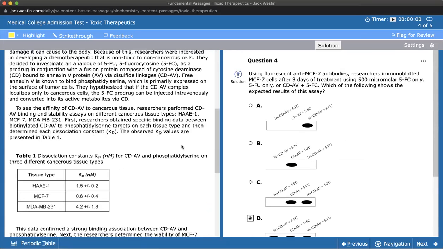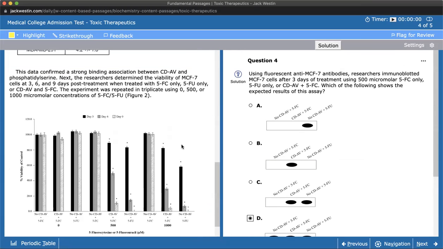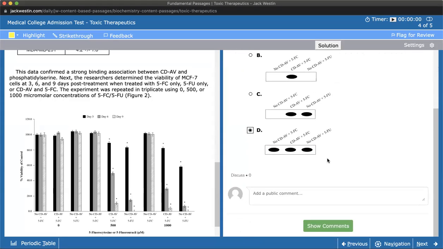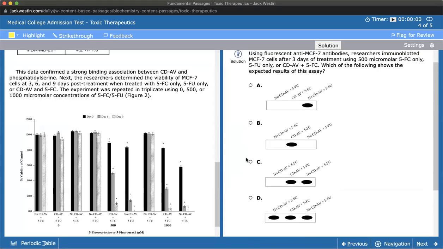So using fluorescent anti-MCF7 antibodies, researchers immunoblotted MCF cells after 3 days of treatment using 500 micromolar 5-FC only, 5-FU only, or CD-AV plus 5-FC. So what would our assay look like?